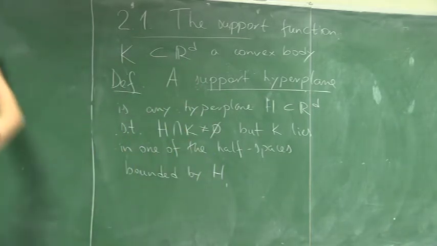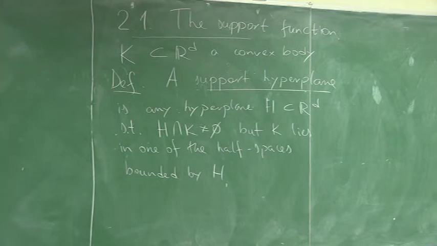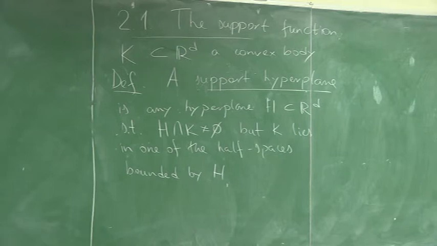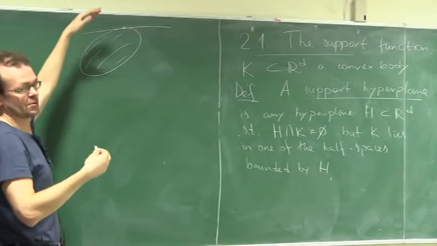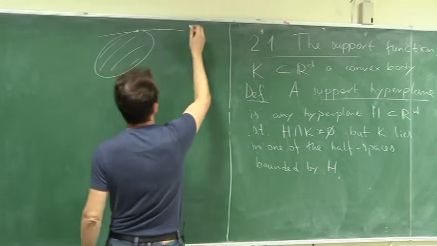So the easiest thing is to draw, of course, two-dimensional pictures. So this is a convex figure in the plane, and if the boundary is smooth, then a support hyperplane is just a tangent line in this case.